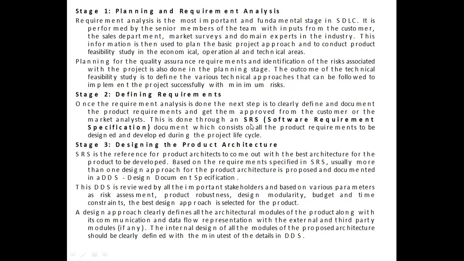This is done through the SRS. SRS is the software requirement specification. This software requirement specification gives approval for further development. It is a document which consists of all the product requirements to be designed and developed during the project life cycle.